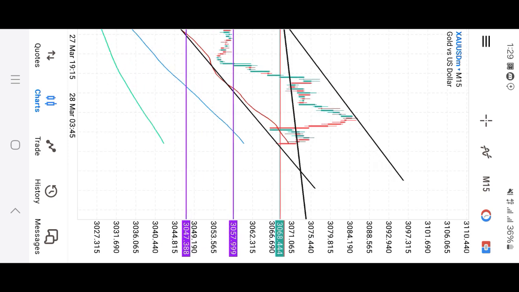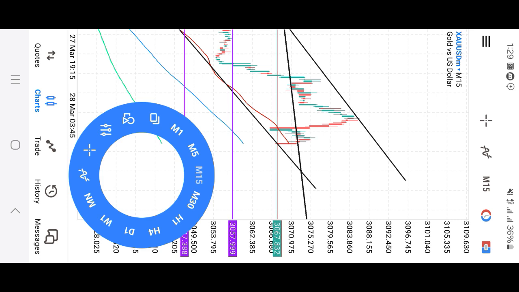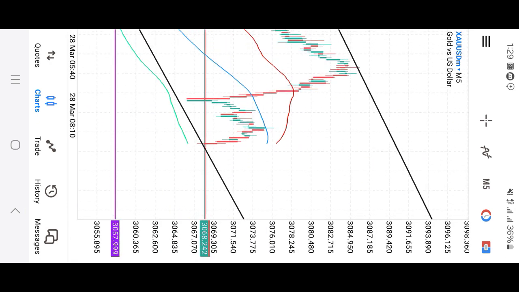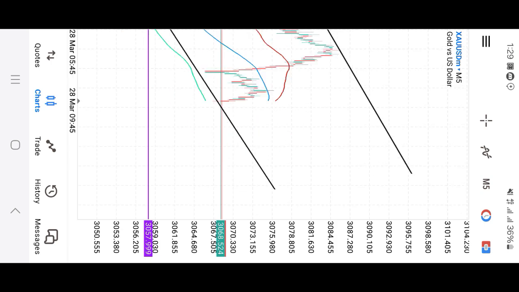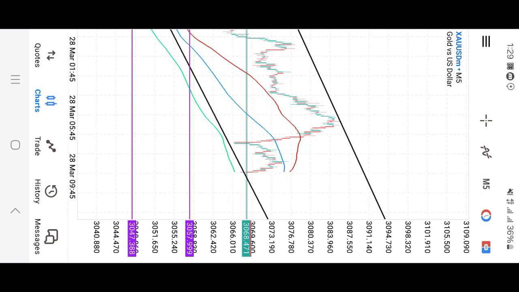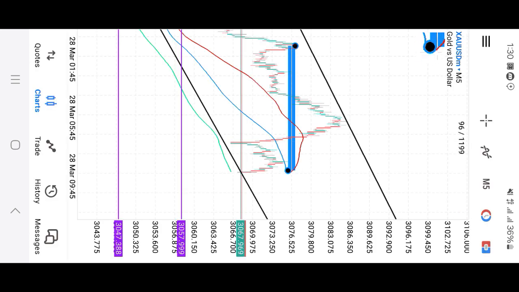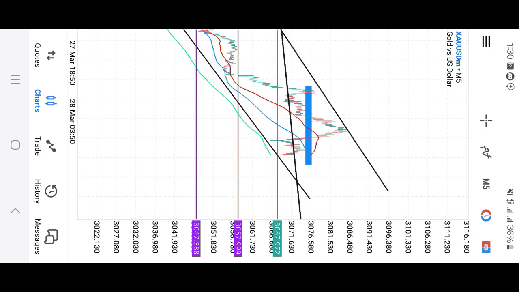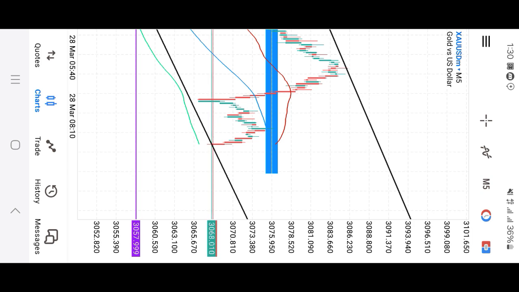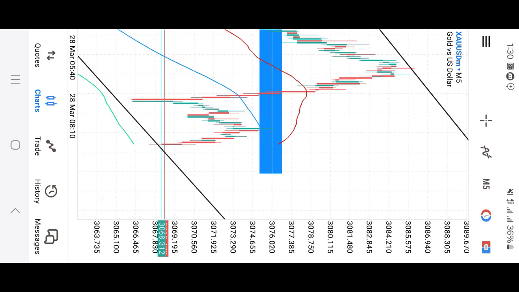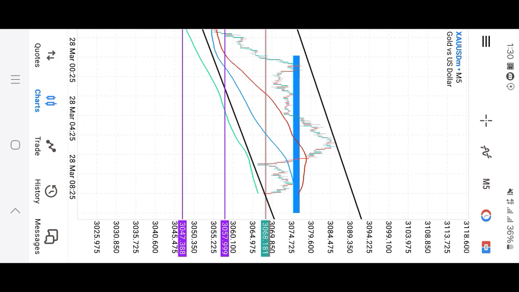Okay, I'm seeing that. In 5 minutes, I'm seeing this area. I'm seeing like a resistance, the blue area. Now the price may go to that area if it pulls back. So if it breaks, we will go down. If it goes up, we'll go bullish.